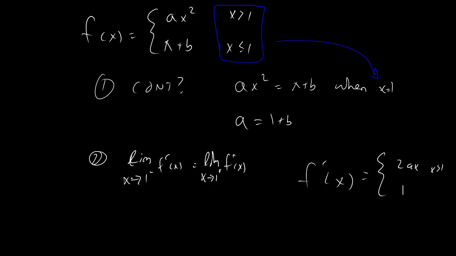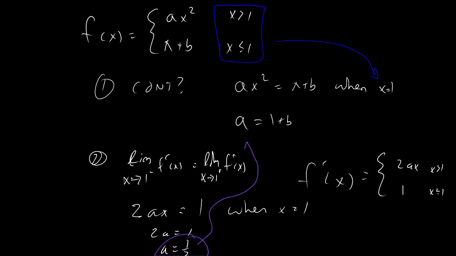Then I set both of those equal to each other. So I have 2ax is equal to 1 when x equals 1. So I can plug in 1, so I get 2a is equal to 1, a is equal to 1/2. So if a is equal to 1/2, then I take this value and come back here, and I have 1/2 is equal to 1 plus b, so b is equal to negative 1/2. So I have my b, I have my a, and I am happy.